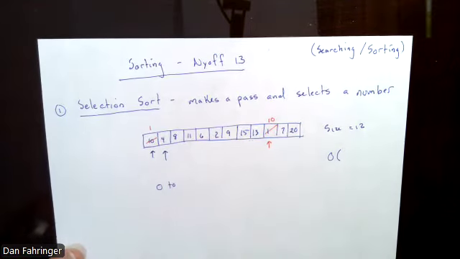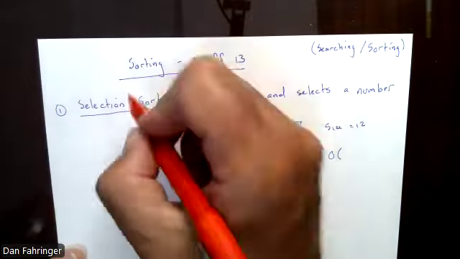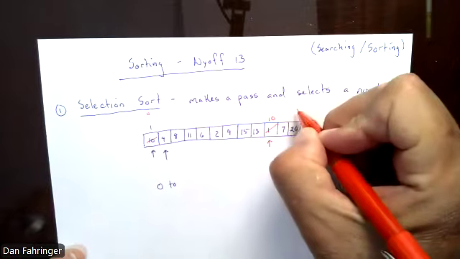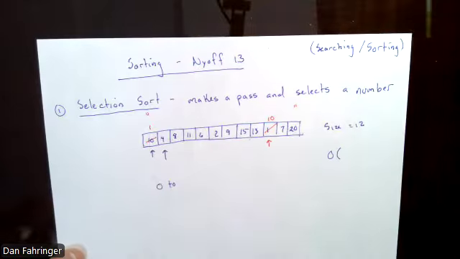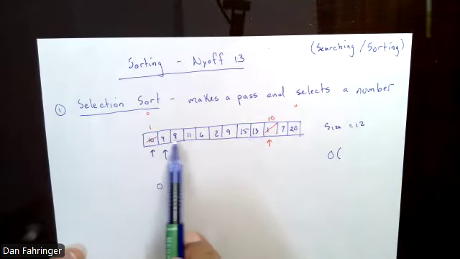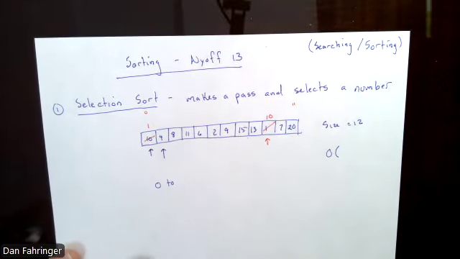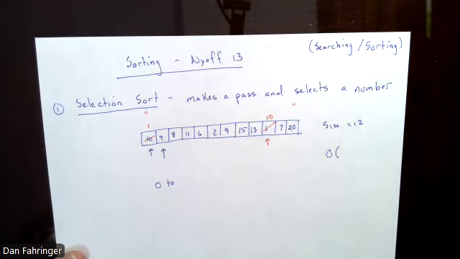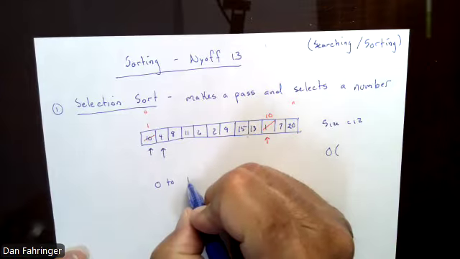So in my array, this is 0 up here, 1, 2, 3, 4, 5, 6, 7, 8, 9, 10, 11. So I wanted to compare 0 to the rest, would be my first loop. So 0 to, in this case, 11.